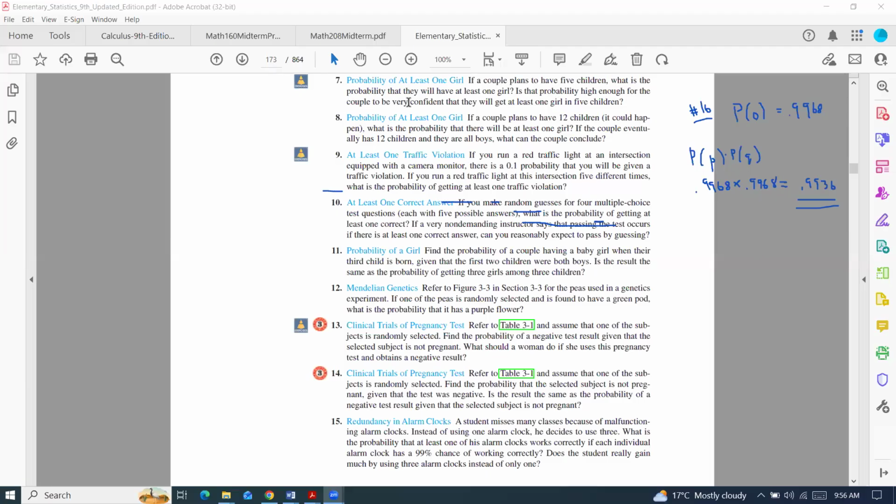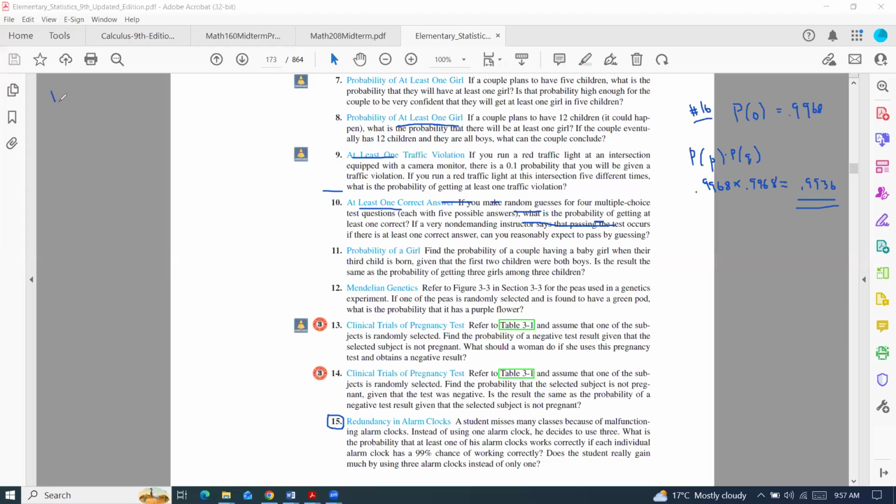These specific types of exercises are nicely described in problem 15. Because the specific thing is all such problems have the same phrase: at least one, at least one, at least one. So what are they really talking about? Well, the student in exercise 15 wants not to miss the test.